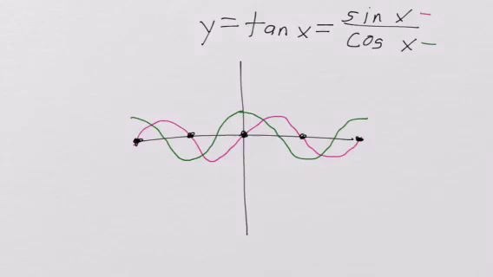We see where those zeros are, and we know when the cosine is 0, that means the denominator is 0. We can't have that, so those are going to be asymptotes. So we draw a vertical dotted line through those points, indicating that's asymptotic behavior of the function.